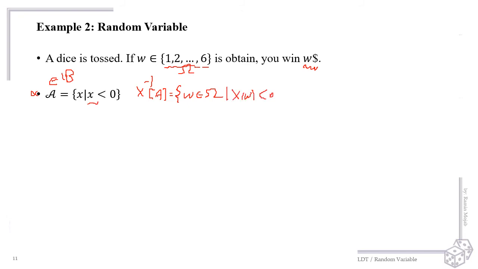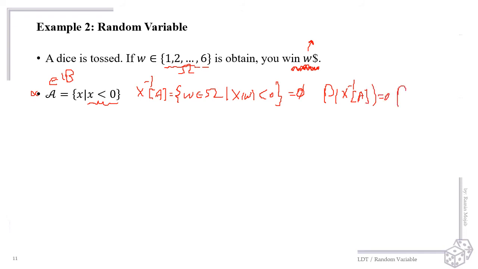You should know that this is an empty set because W is never a negative number. Therefore, the probability of the preimage of A under X is 0.